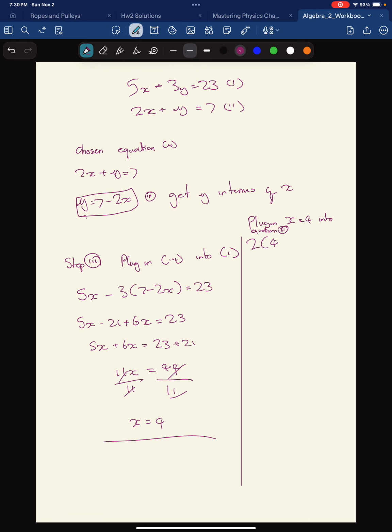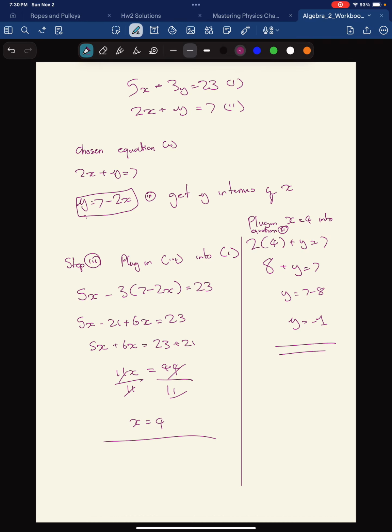So I'm going to have 2x plus y equals 7, and x is 4. So as you see, I'm plugging in 4 for x. 8 plus y is equal to 7. y is going to be equal to 7 minus 8. y is going to be equal to minus 1. And that's substitution. All right?